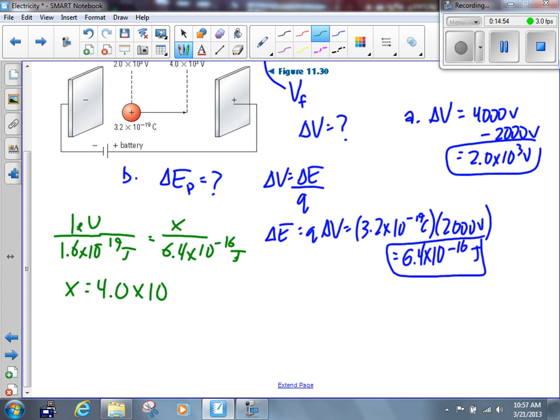Is that right? 4,000? The number of electron volts, just a little check for you when you do that conversion. The number of electron volts will always be much bigger than the number of joules. So you're going to always end up with a smaller number for joules and a bigger number for electron volts, right?